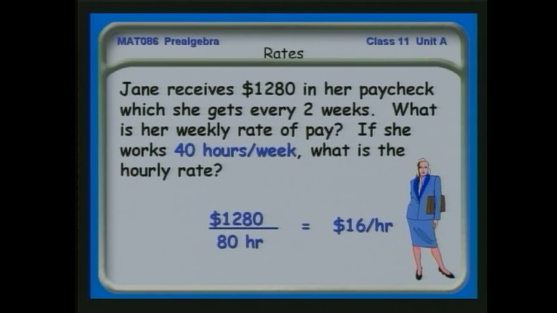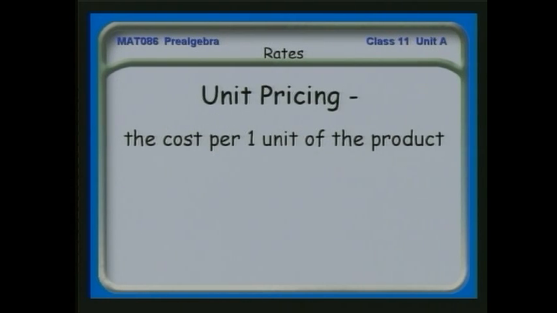Then if we divide 1,280 by 80, we find out that her hourly rate of pay is $16 per hour. We can use this same idea to talk about unit pricing, and when you go shopping, this is a very useful tool for you to know whether or not you're getting a value for your money. The unit price is the cost per 1 unit of the product, and that could include the cost per pound, if you're buying something that you measure in pounds.